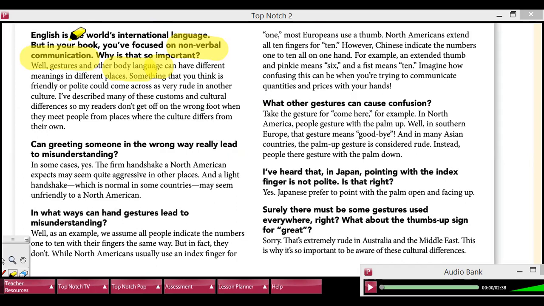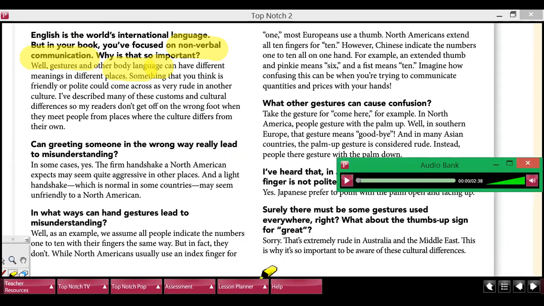Let's start reading, every one of you. Okay, now let's listen first to Guille. English is the world's international language. Continue.